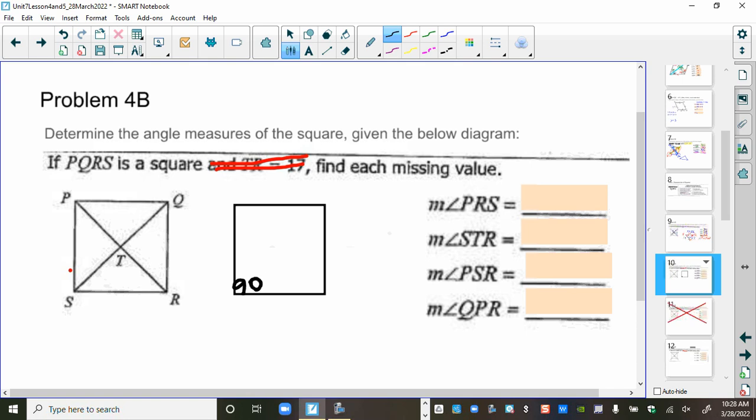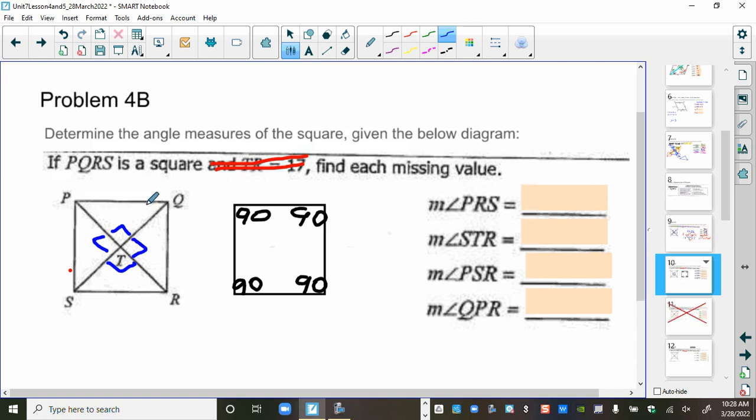But that's 90 all the way around. But what is exactly half of 90? 45. So if you're on the outside, it's 90. Now, if you're in the middle here, don't forget, it's still a 90. That's still 90 right in the middle.